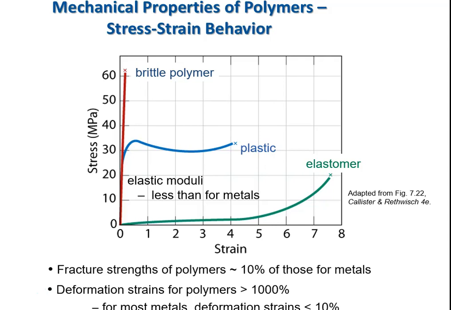Everything up till now, we've assumed that we apply a stress and we get a strain, elastic or plastic, and for the most part it doesn't really matter how quickly we apply the stress, how long we leave the load. With polymers, even at room temperature, we see that the rate of loading and the duration of loading will actually change the stress strain behavior, and that is the foundation of viscoelastic mechanical behavior.